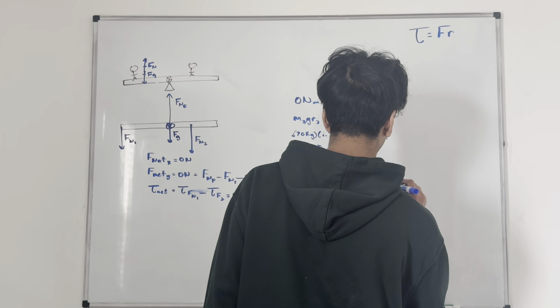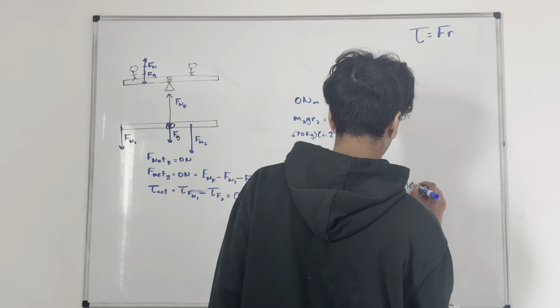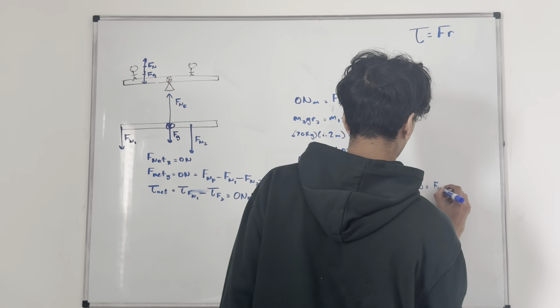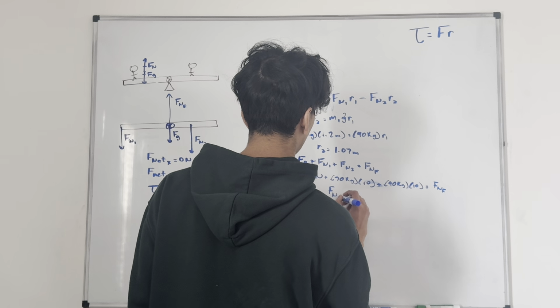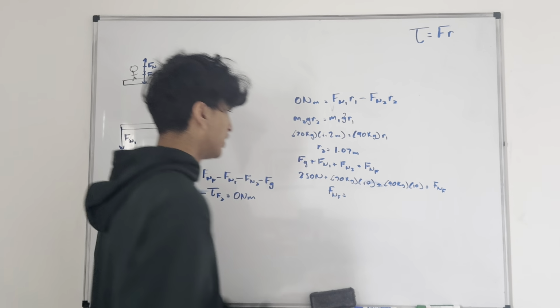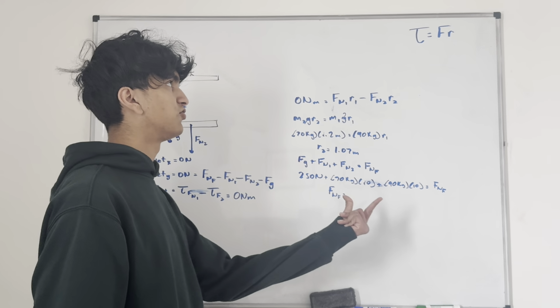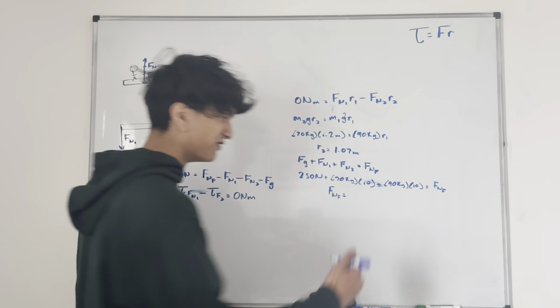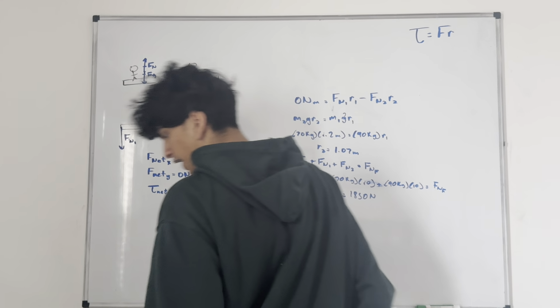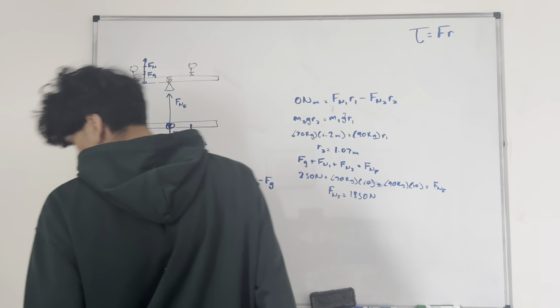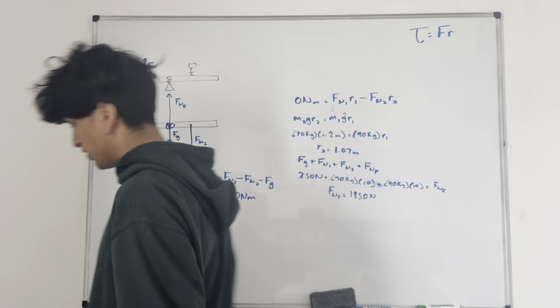Plus 90 kilograms times 10 equals Fnf. So the force by the fulcrum is going to be approximately 700 plus 900, that's 1600, plus 250, should be 1850. And I got, yeah, 1850. Perfect. So let's go on to the next one.